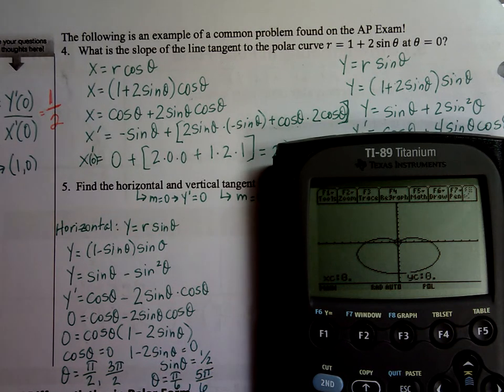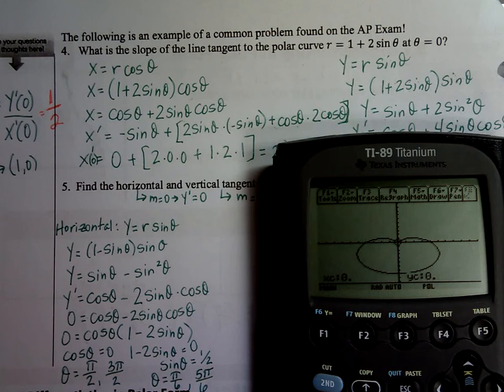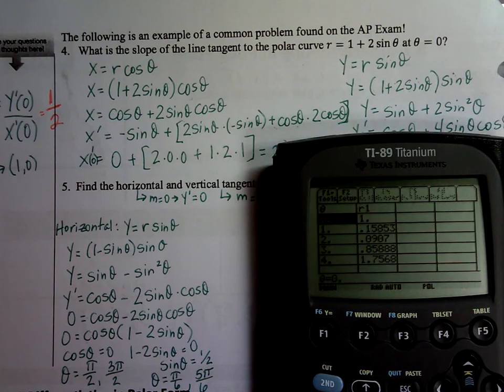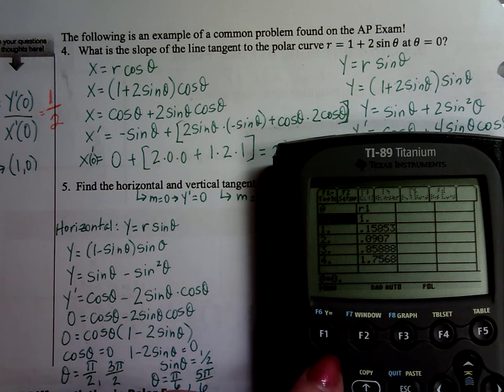You get the idea. So if I go to the table and I look at the table for this thing and I put in my 3 values, I put in a pi over 2. Is it going to let me? Table. Hold on. Table set.